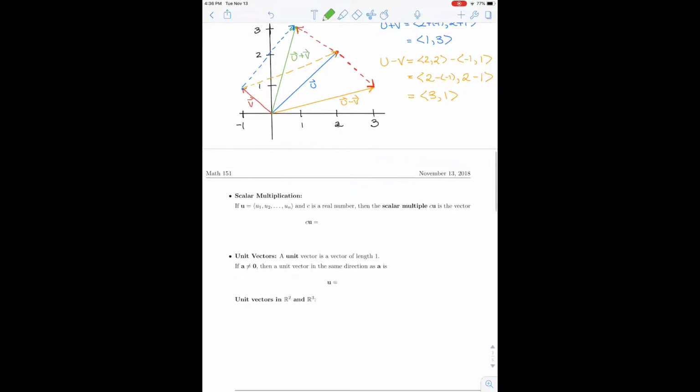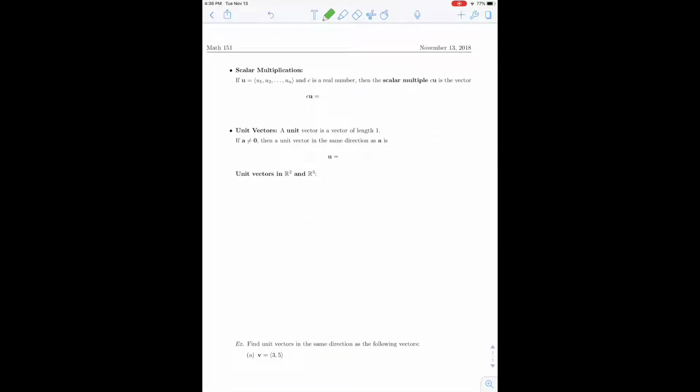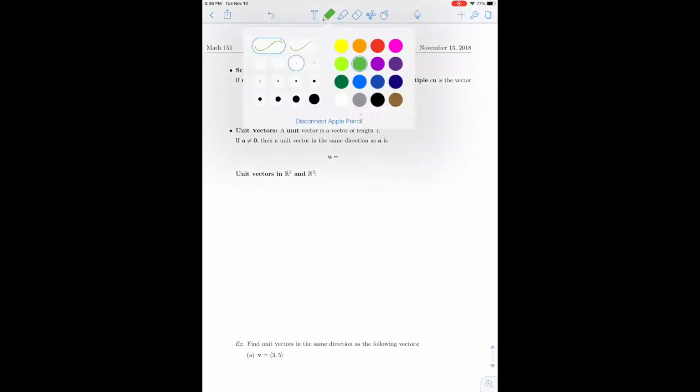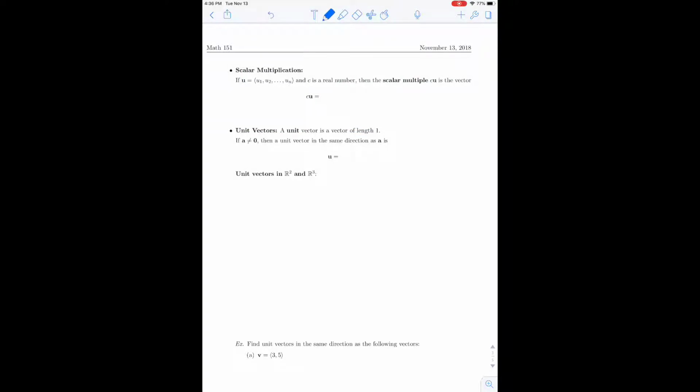We're now going to move on to multiplication. It is unclear how you would multiply two vectors, although we will talk about this in the next lesson. But for now, we can talk about what is called scalar multiplication, or when you multiply a vector u by a real number, say c.